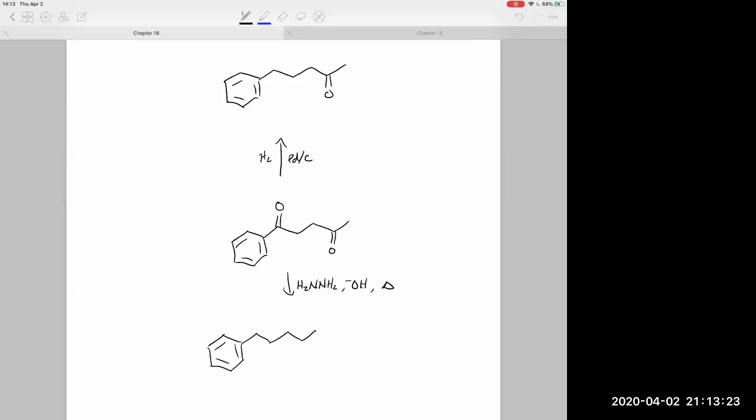And let's be careful, when we say reduction, we're talking about full reduction, basically chopping it off, right? Not to the alcohol group, which is what we're used to. So I'll be more careful with my language there.